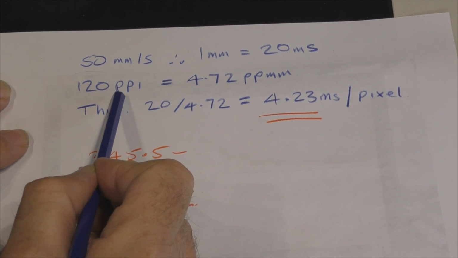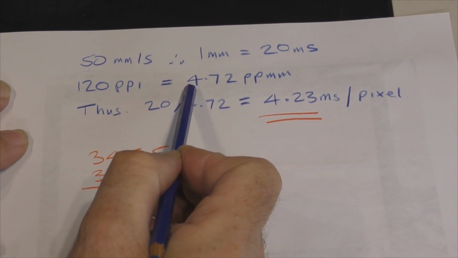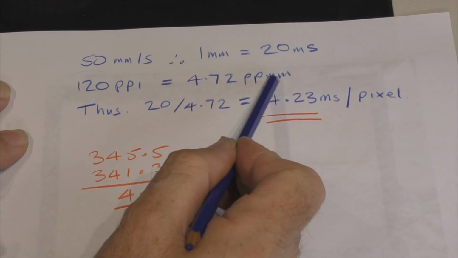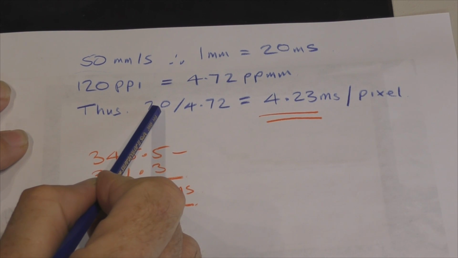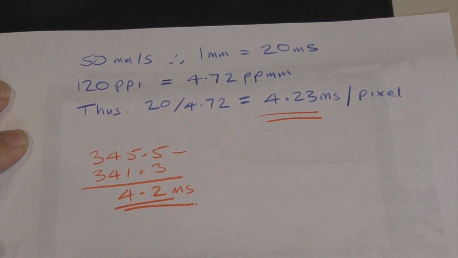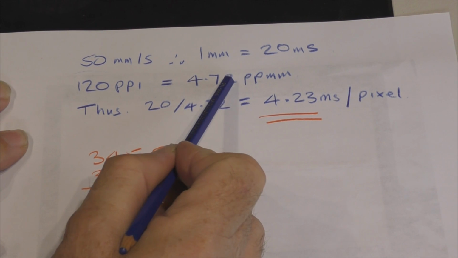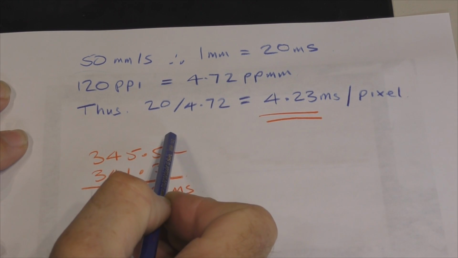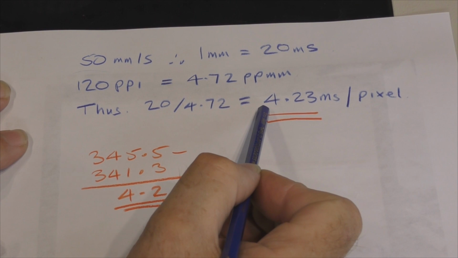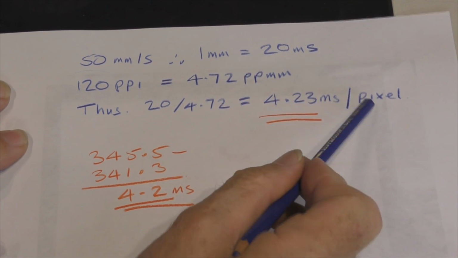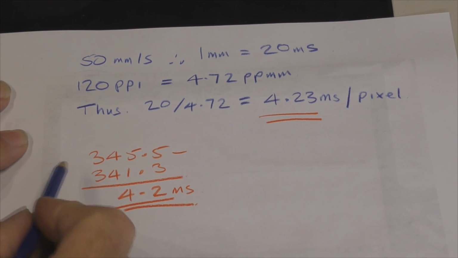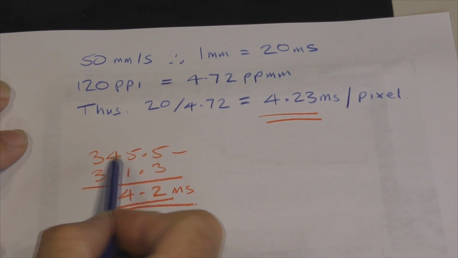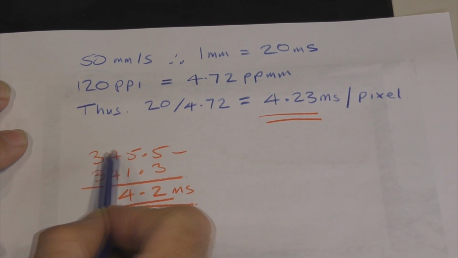And if I want to calculate that back, I can find out that that represents 4.72 pixels per millimetre. Now if we divide 20 milliseconds, which is how long it takes to travel a millimetre, by 4.72, which is the number of pixels there are in a millimetre, what I shall find is that it takes 4.23 milliseconds for a pixel. Now, as I just mentioned, I've just done a quick check across the bottom time base, and these are the numbers that I've come up with on the step length.